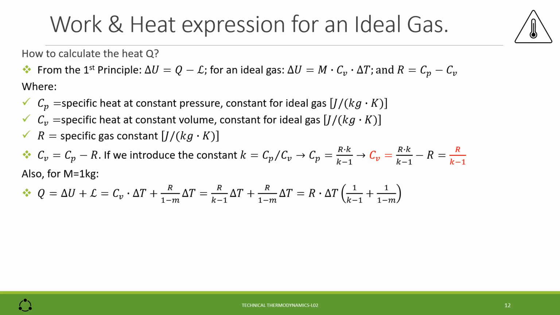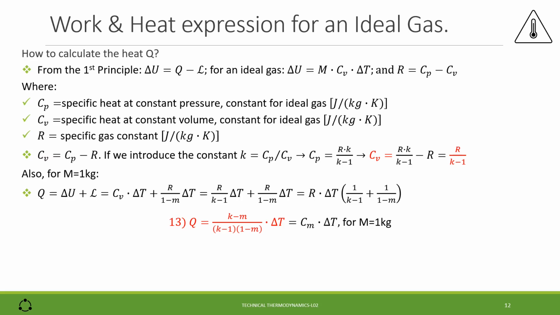And also, if we consider the unitary mass, we can write capital Q equals delta U plus capital L, where delta U is Cv into delta T, and for the thermodynamic work we can use the expression found in one of the previous slides.